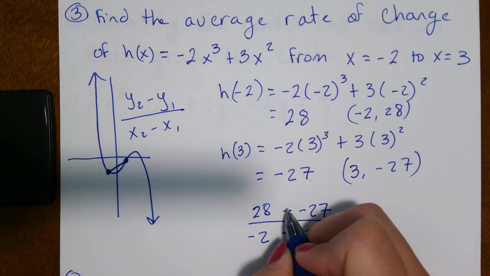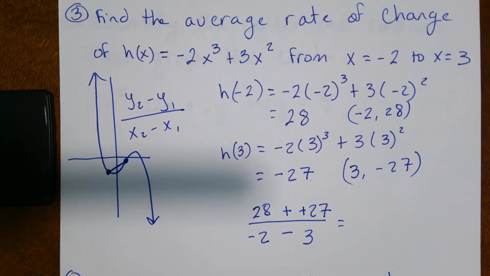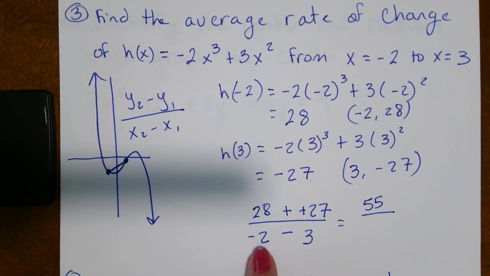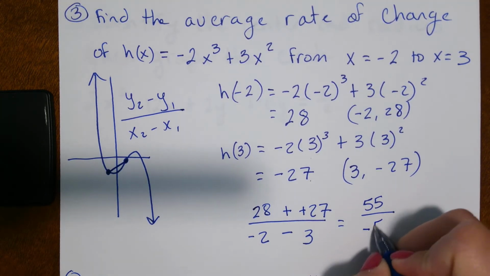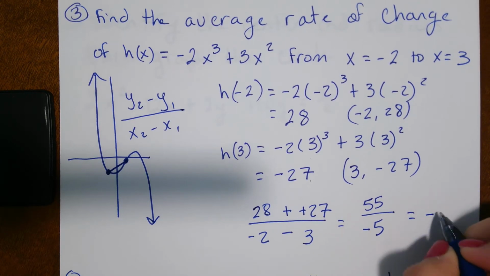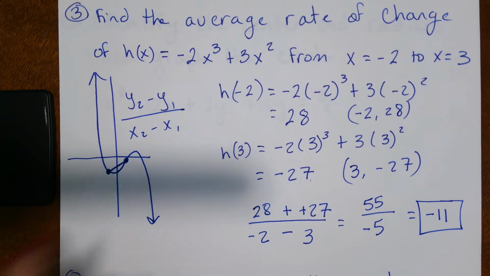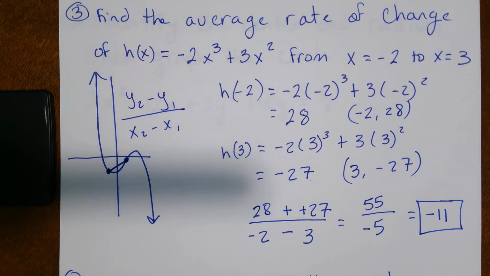A negative and a negative touching become a positive, so I get 55 over -2 minus 3 is -5, which gives me -11. Now, of course, my picture was off. This gives me a positive slope. We ended up with a negative slope. But there we go, finding the average rate of change.